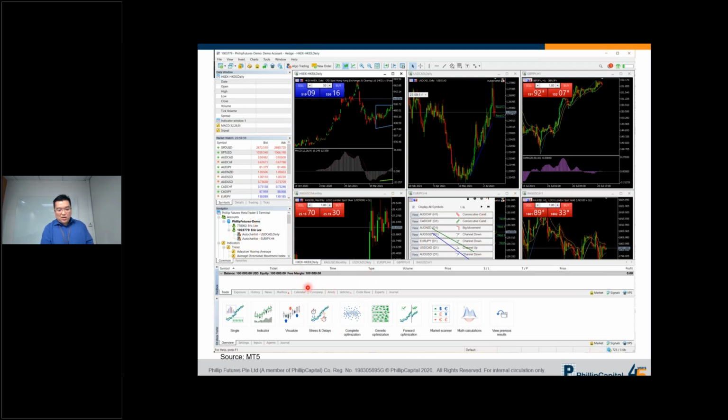At the bottom is where you have your account management, your trade histories, and all the various controls. So it's pretty easy to use, but do not worry, right? If you are keen to try this out, we do have a demo account for you to play around with, to get yourself familiarized with it.